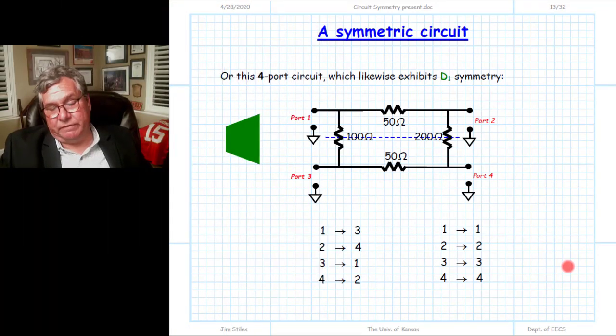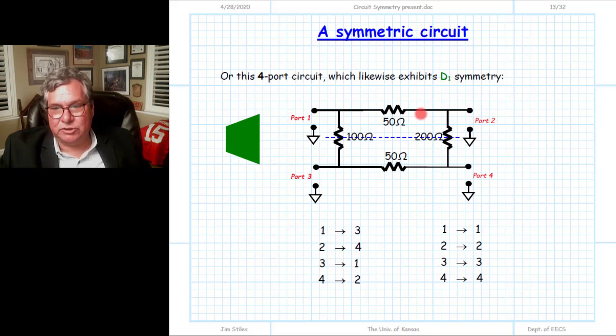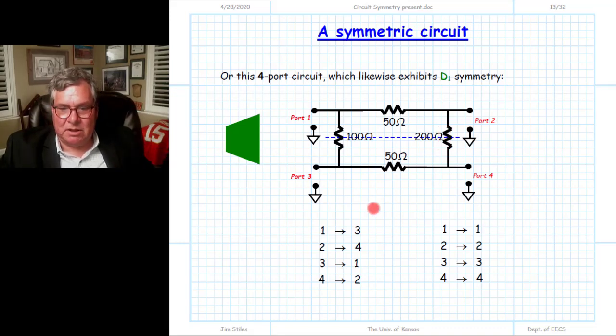So here's another 4-port device, and it has the same level of symmetry, this D sub 1 symmetry. There's 2 operations that will leave it congruent. Really, this is the same kind of circuit as the one we just showed. The reason I put it in here is because this one has a plane of bilateral symmetry that runs horizontal. And so 50 reflects down to 50, 50 up here, and then again we simply rotate the resistors, 100 and 200 ohm resistors, and they remain the same. 1 goes to 3, 3 goes to 1, 2 goes to 4, 4 goes to 2.